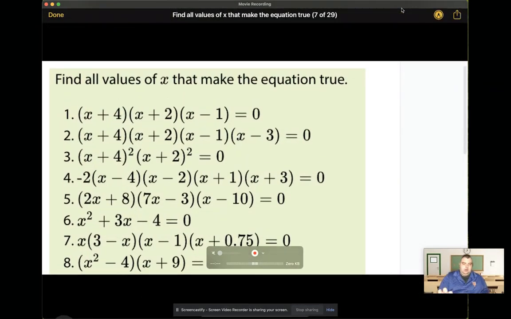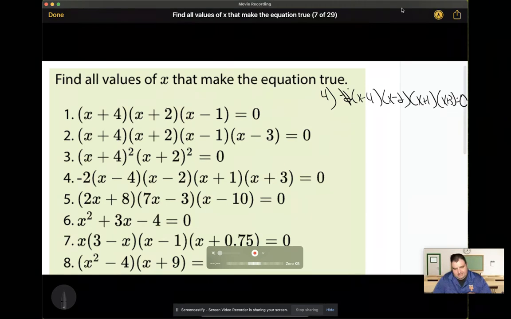Number 4, we're up to number 4 now. We have negative 2 times x minus 4 times x minus 2 times x plus 1 times x plus 3. Now notice here, one of my factors is a whole number. One of my factors here is negative 2. Is it possible for that to be equal to 0? Of course not. We can't have negative 2 equal to 0.